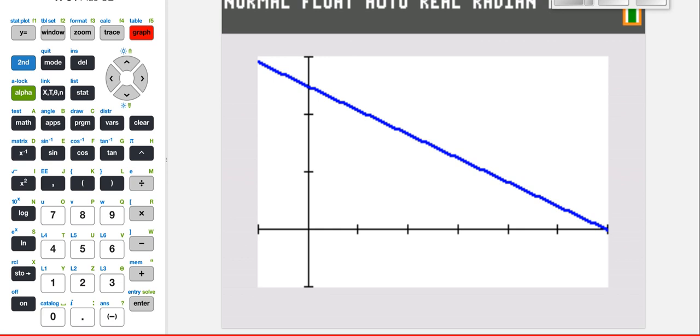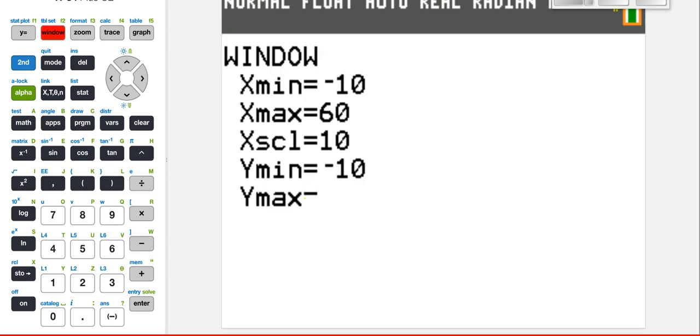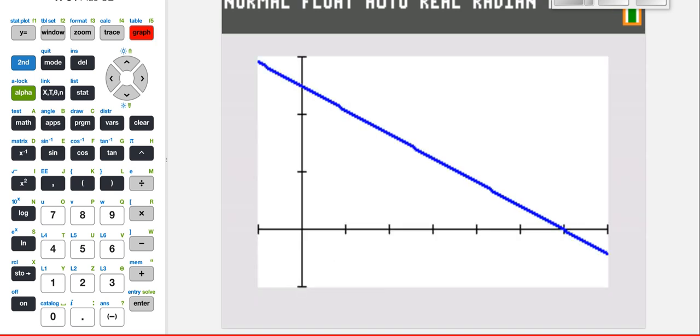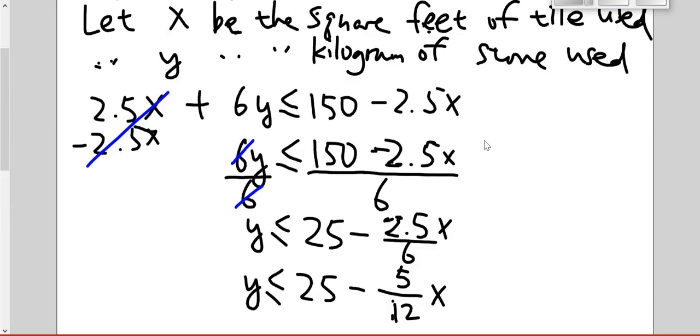Nope, not good enough, so let's change the x values. So let's do 70, graph. Now here we go. So you might want to use the special features on your graphing calculator to find the x-intercept and y-intercept. So do it now.